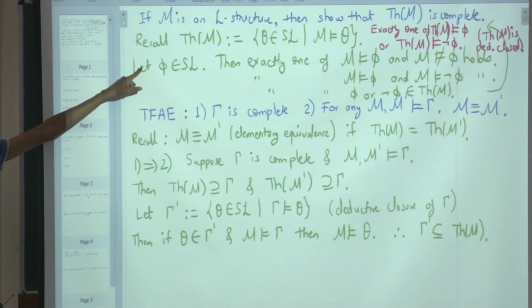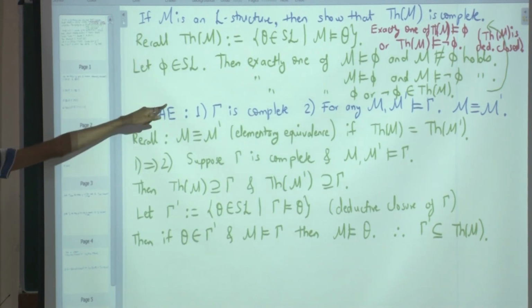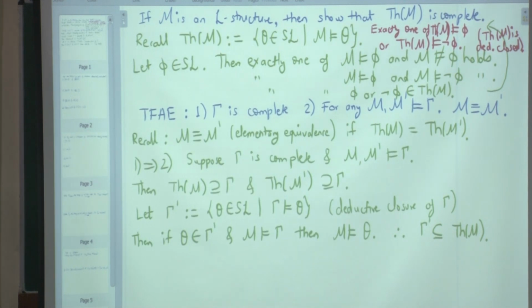Theory of M is complete and deductively closed. So complete and deductively closed, what does that mean? If you add anything which is not in there, then it will explode. Then it becomes everything. Yeah, so it can also prove contradictions. So obviously that cannot happen, both of them.